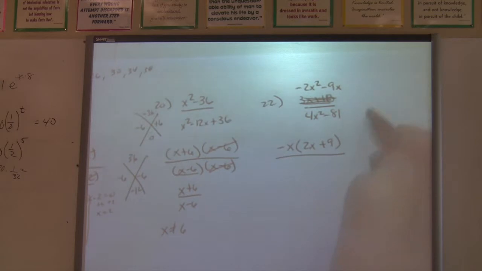This one, again, if we do the x method, that would be 81 times the negative 4, so negative 324, and 0. And so then those have to be the same, so you can just take the square root of that. But then you're going to have to build the box.